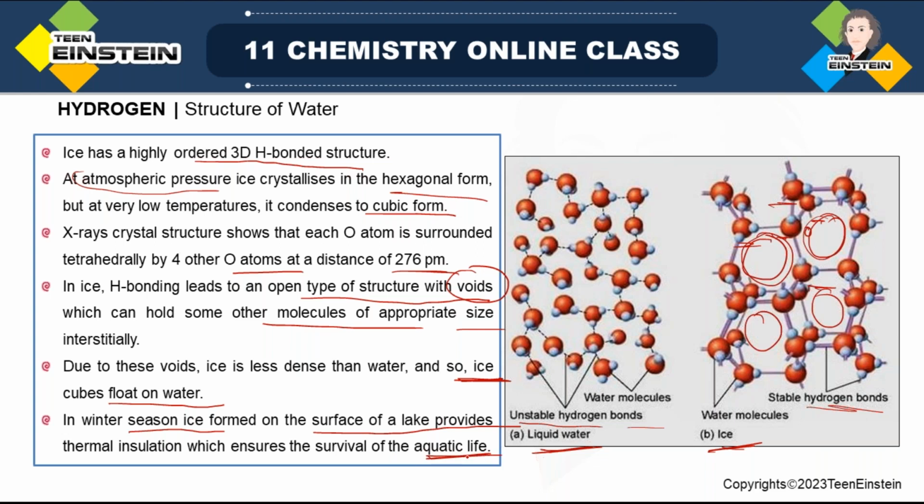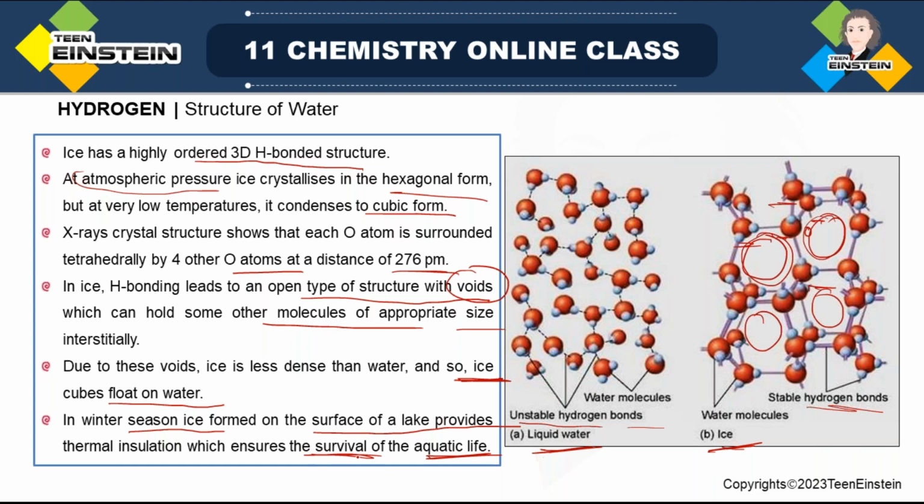Now on the surface, if there is ice, the air that is present in the interstitial voids will act as an insulator, and as a result the temperature of the water inside the lake, with ice outside and water inside, will be maintained because of this insulation. And as it is able to maintain temperature, it is good for the survival of aquatic life.